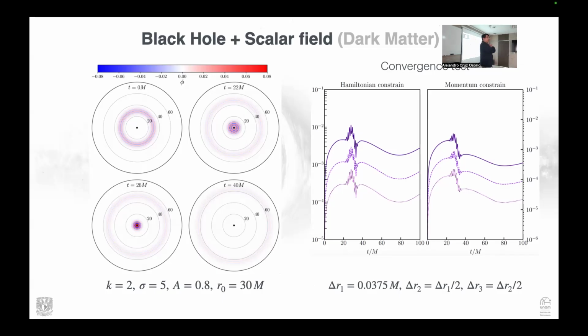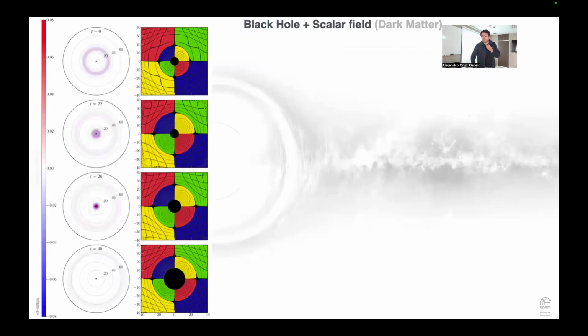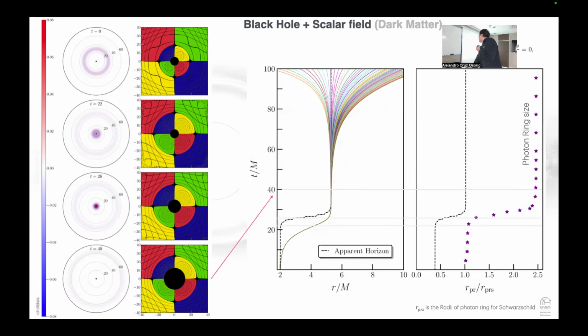Everyone who wants to do numerical simulation has to do this kind of test. It's just that we want to confirm that what we are getting is physically correct. Okay, let me now kill this because we cannot see the interesting thing.